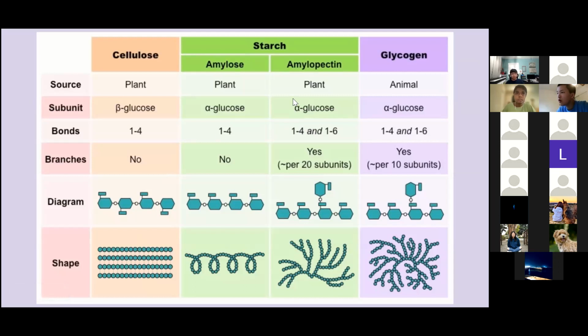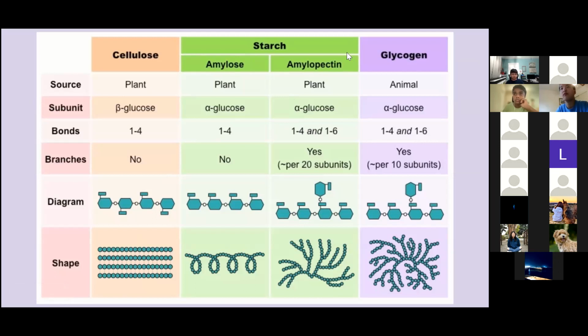So cellulose and starch are two polysaccharides that are found in plants, whereas glycogen is found in animals or humans. And glycogen is the polysaccharide that the liver starts breaking down when blood sugar levels decrease.